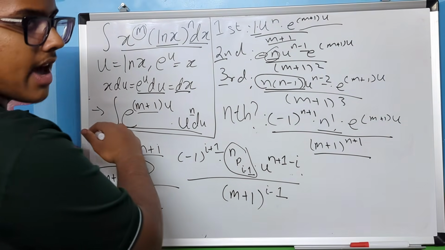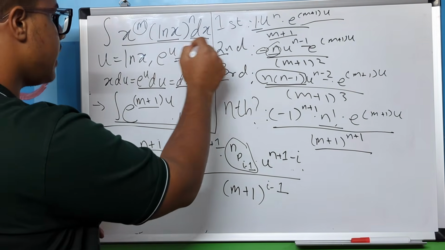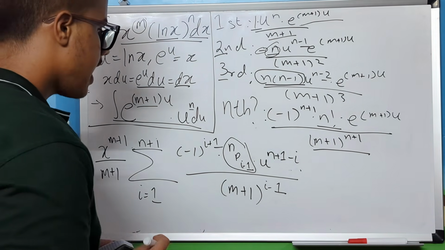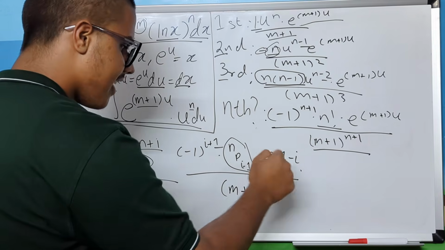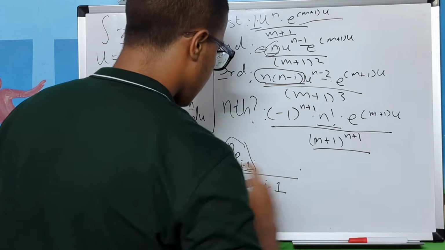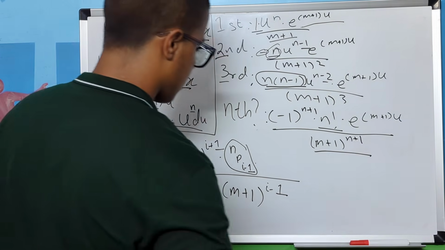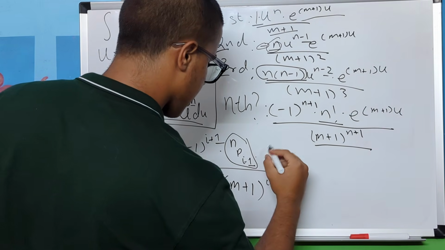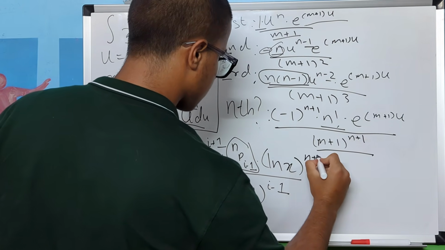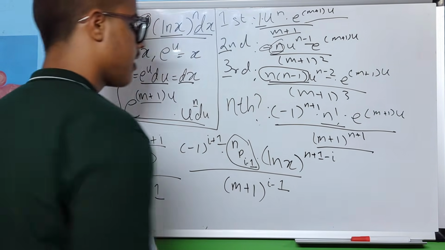So we had e to the (m plus 1)u here, and we know e to the u is x, so we can just write this as x to the m plus 1. And then over here, inside this entire complicated expression, we just need to sub it here. u to the n plus 1 minus i. So this should be ln x to the n plus 1 minus i.